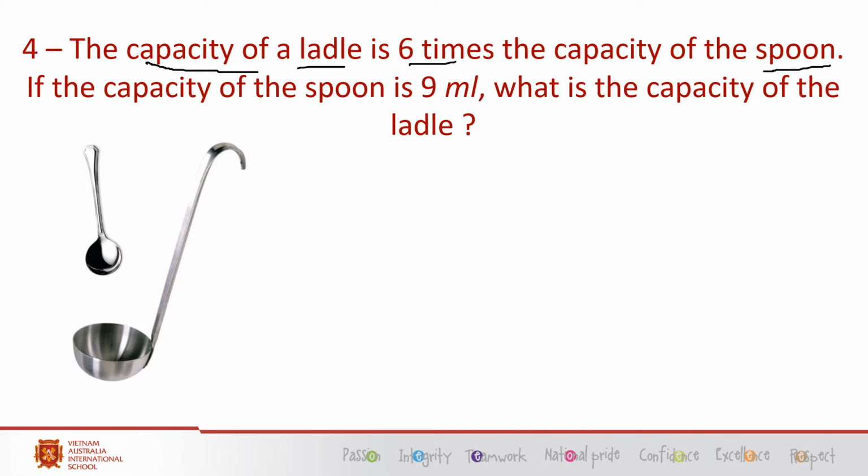If the capacity of the spoon is 9 milliliters, what is the capacity of the ladle? Now, pause this video and work it out. The answer is 6 times 9 equals 54 milliliters. In this one, we use multiplication. Now, next one.